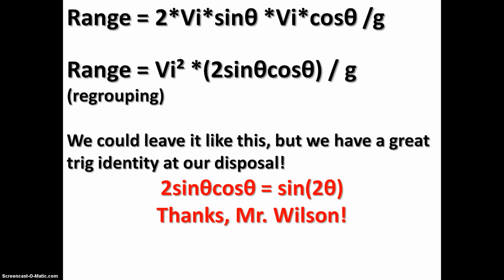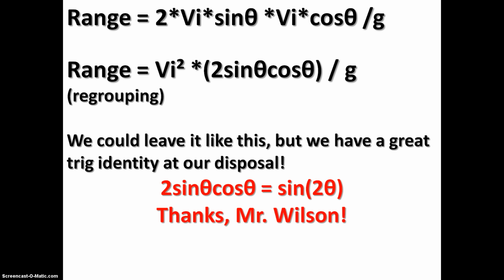We combine our VI terms together, we move the 2 over, and we have VI squared times the quantity of 2 sine theta cosine theta divided by G. So we just regroup there. We could leave it like this because we have the initial velocity, we have the angle, and we know what G is, but that's still an awful lot of things to put into the calculator.